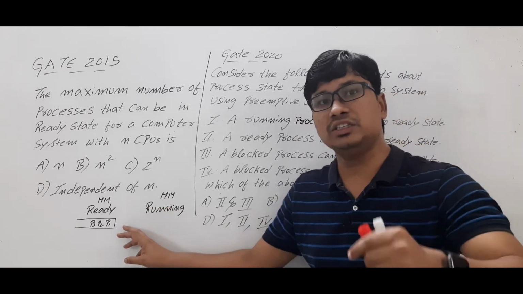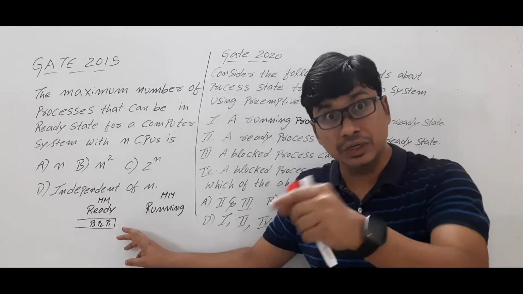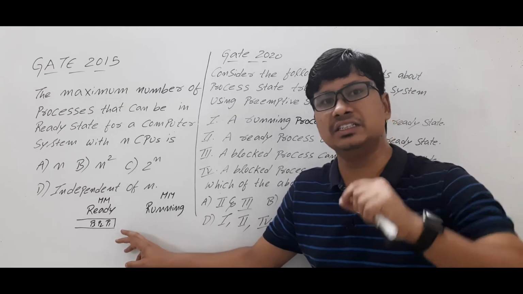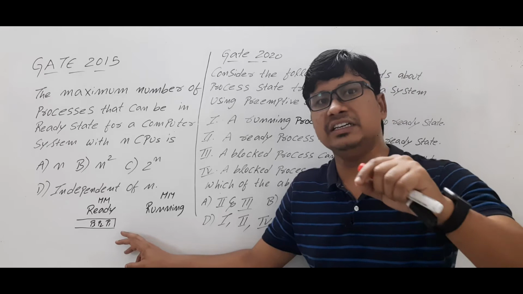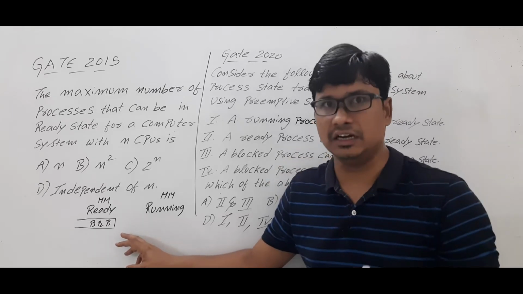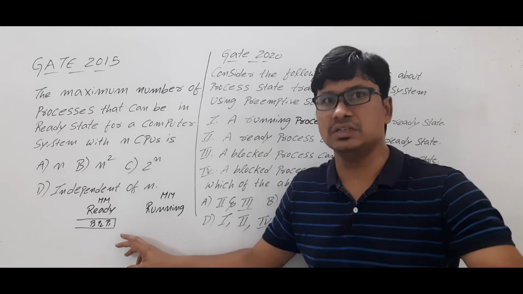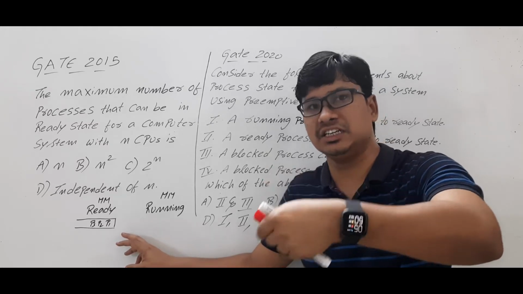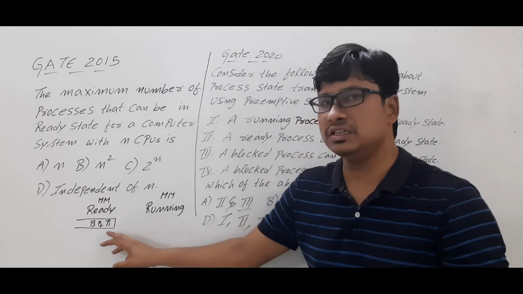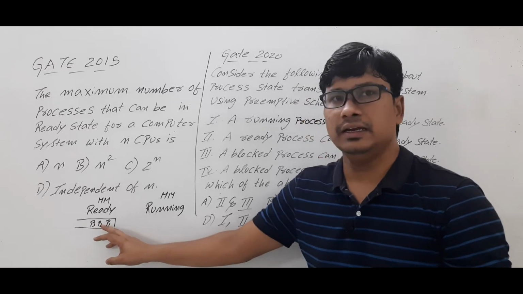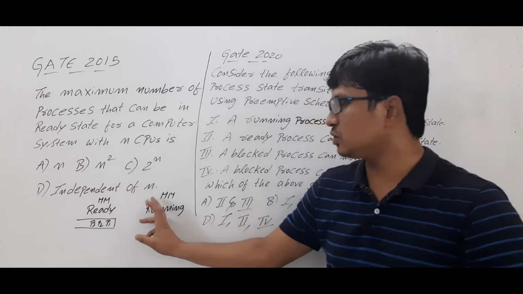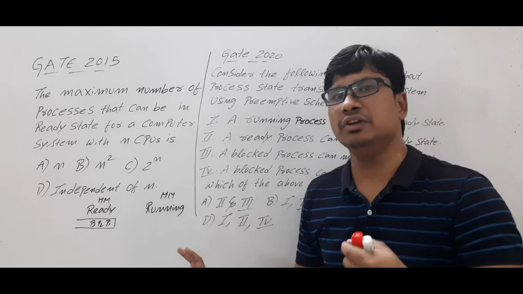If it is a shortest job first scheduling algorithm, then we will consider the burst time. If it is highest response ratio next algorithm, we will consider the response ratio. The process which is having the highest response ratio among these three processes will be scheduled or dispatched to the running state and it will execute.